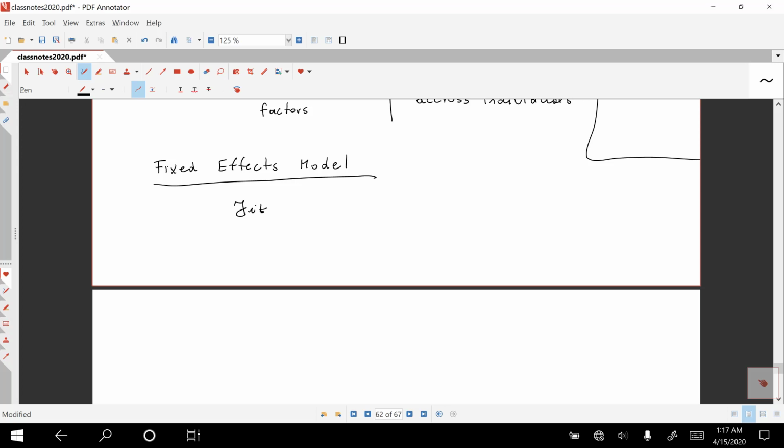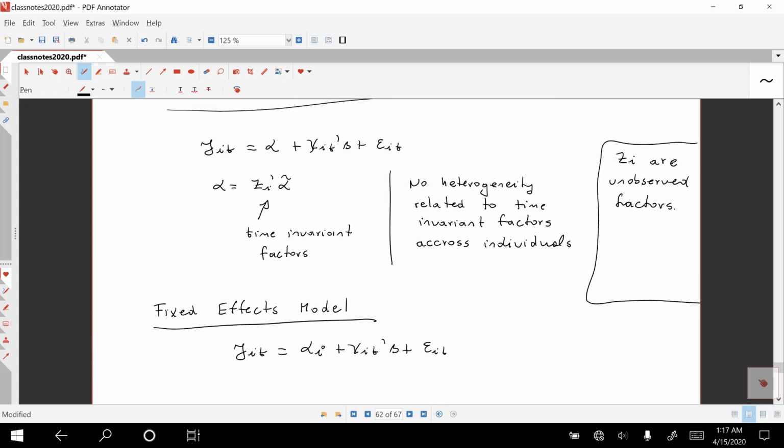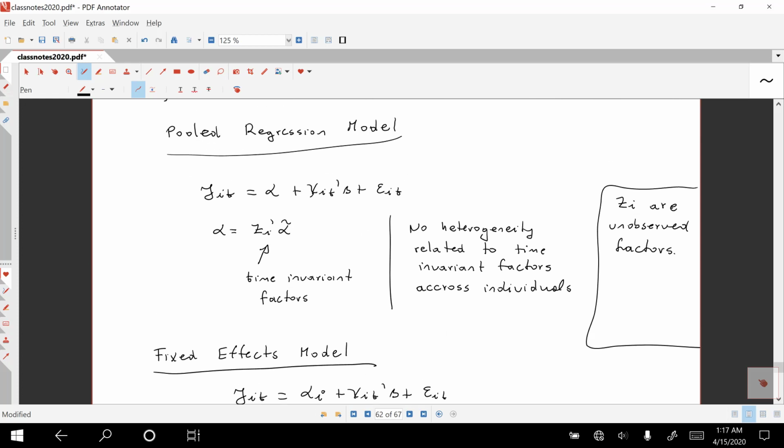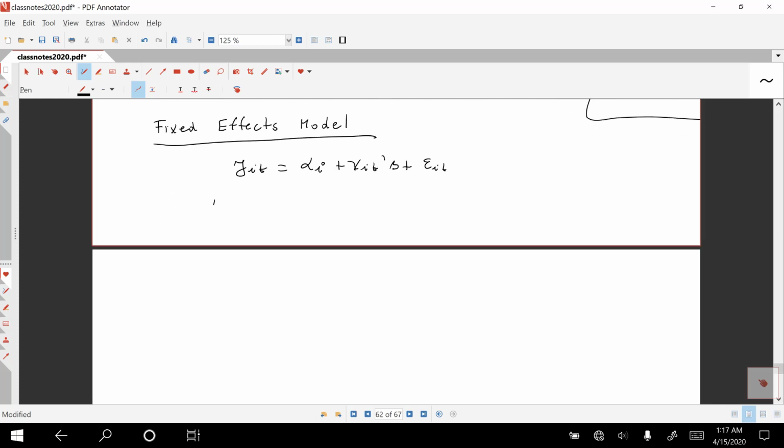We have y at t equal to alpha i plus xit prime beta plus epsilon it. Notice the difference between this fixed effects model and the pool regression model is that now alpha i is one intercept for each individual.